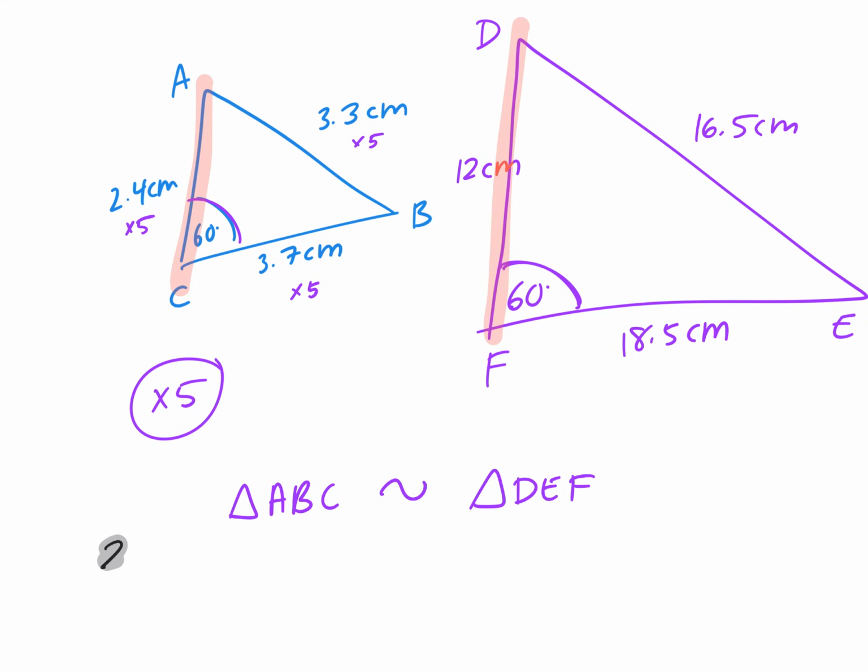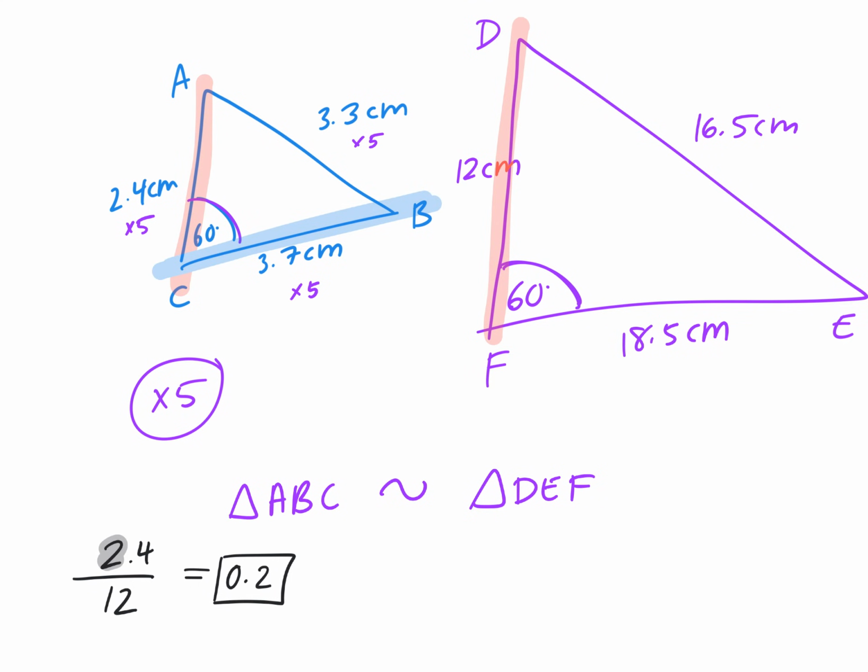We would do 2.4 divided by 12, right? To find a ratio, you can turn it into a fraction and divide. What's 2.4 divided by 12? 0.2.